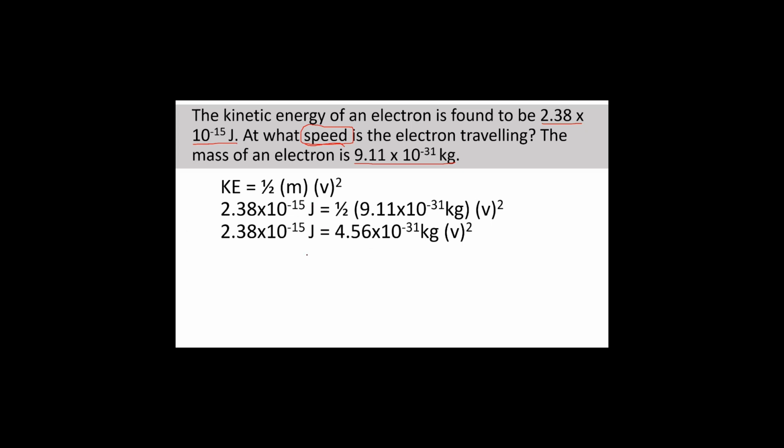So velocity squared is 2.38 times 10 to the power of negative 15 divided by that, which is equal to 5.219298246 times 10 to the power of 15. Since the velocity is squared, we apply the square root on both sides to eliminate the square of our velocity.